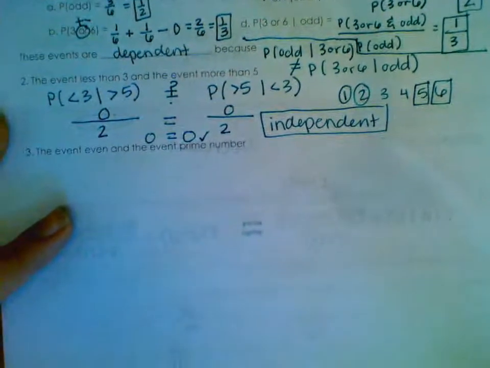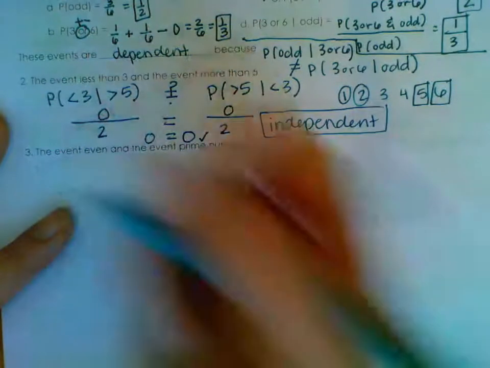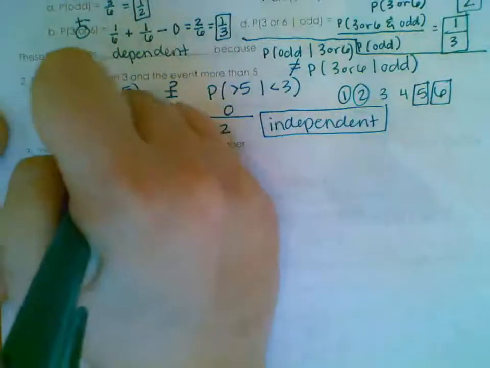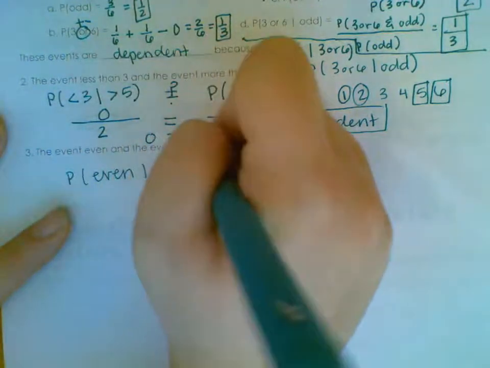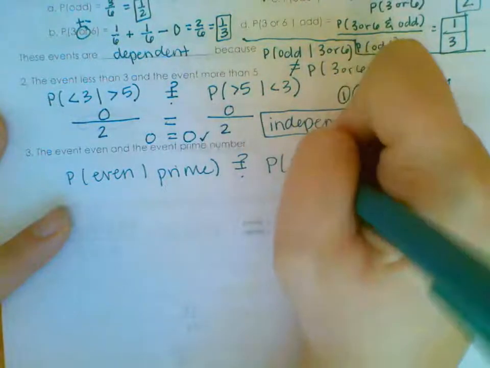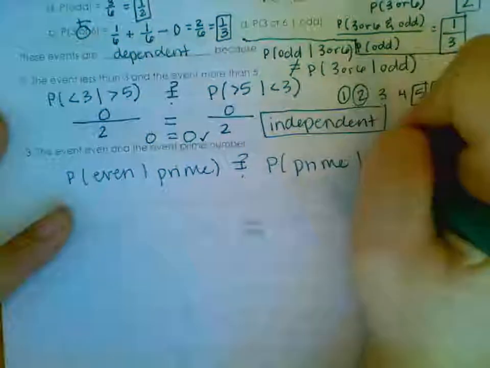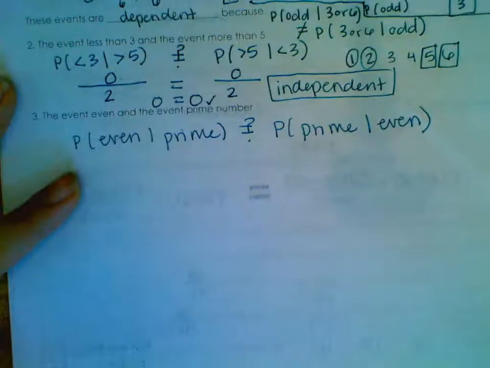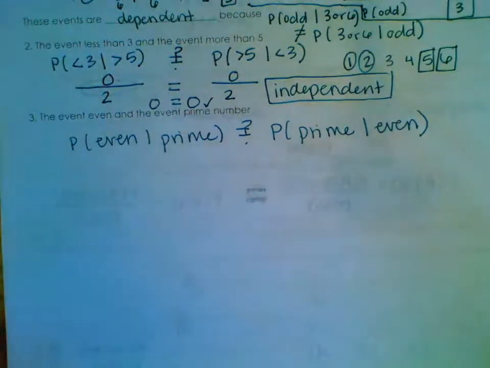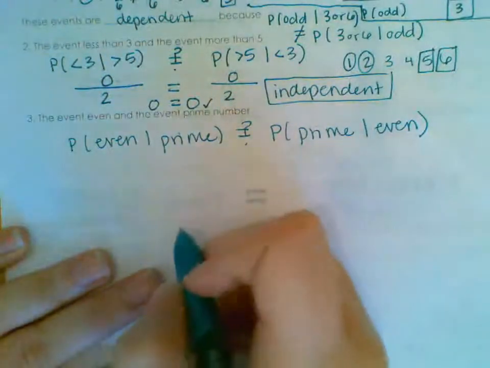Now let's look at the events even and prime number. I'll look at the probability of even given prime, and I'm comparing that to the probability of prime given even. Okay, so let's look at some numbers.